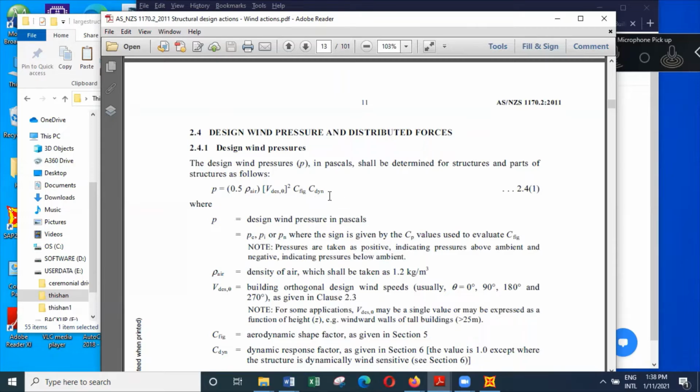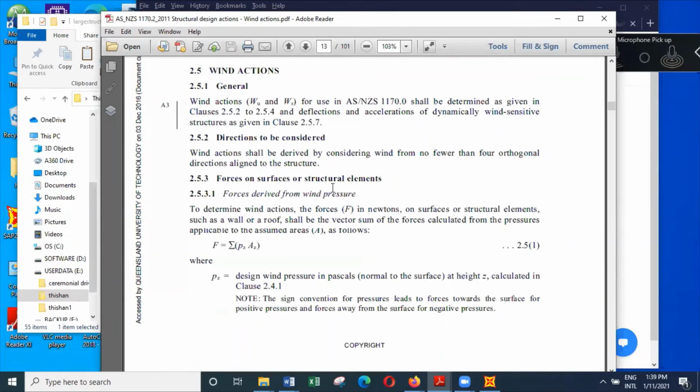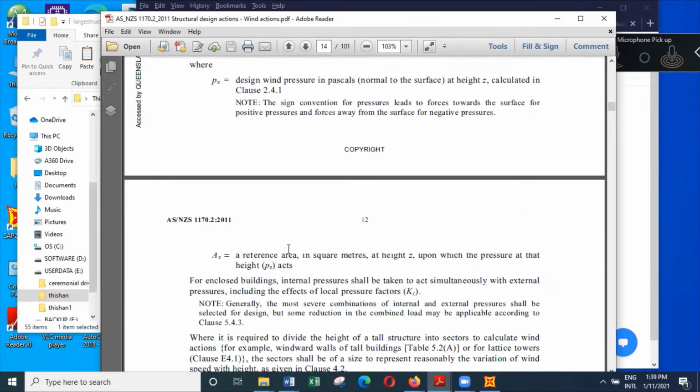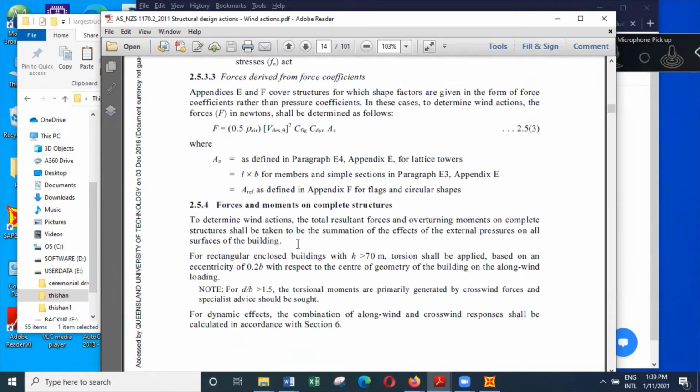So it says, consider this value when you are dealing with pressure. So the wind force is equal to pressure multiplied by area. So it's the same equations, very similar to any other code.